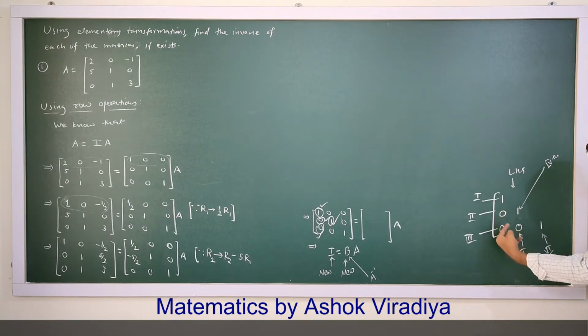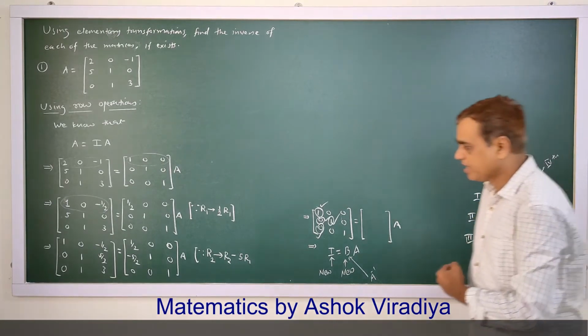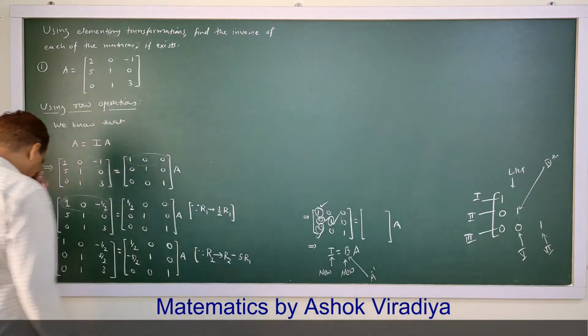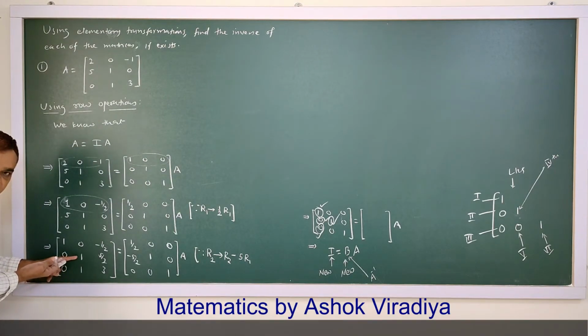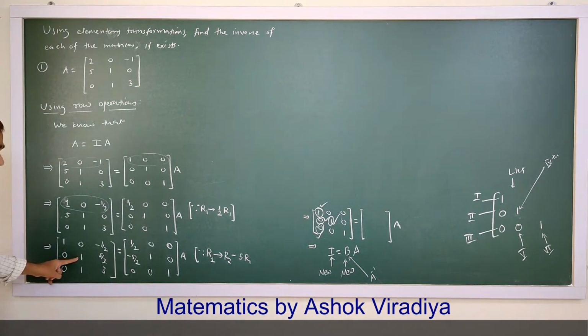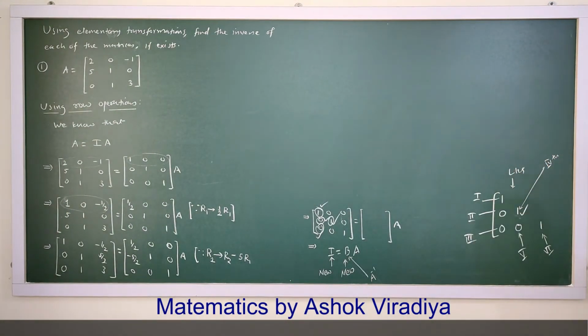First step, second step, third step. Now fourth step. We are going to create 1 here on the left hand side. Look here. Here we want 1. It is already there. So fourth step is also set. So this is done. 1, 2, 3, 4 done.